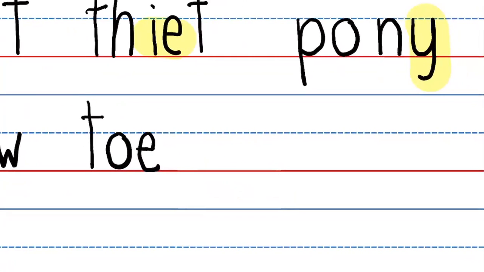Next word is after. Two syllables. After. First syllable, af. Spelled with A, F. Next syllable, ter. Sounds t.